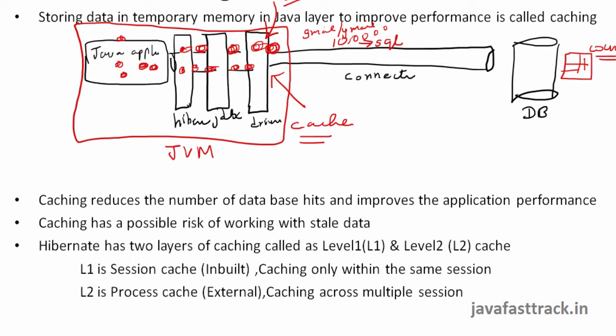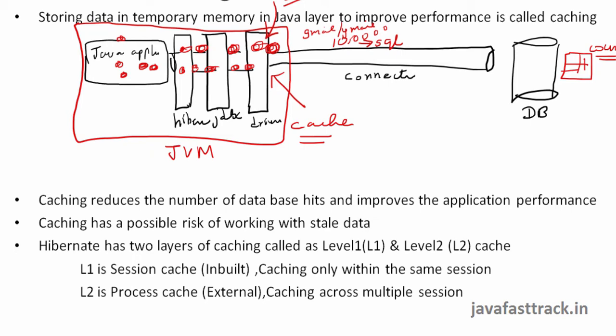L1 cache is an inbuilt cache. You do not have to do anything special about it. It is always there. It is a mandatory cache. You can never stop it. First of all, I'll show you where the L1 cache is.